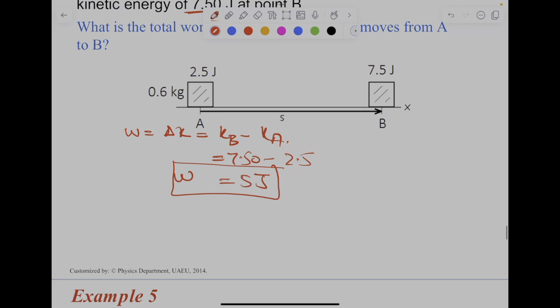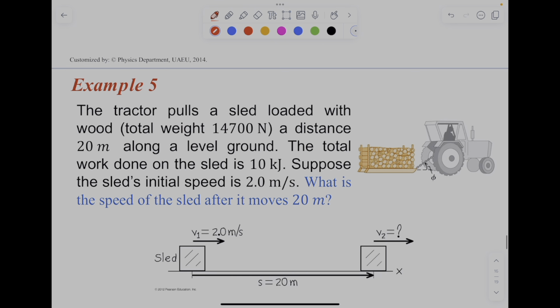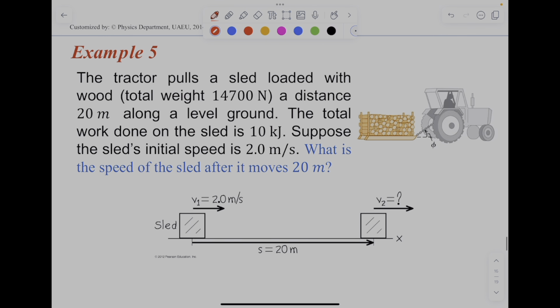Now the next problem. The tractor pulls a sled loaded with wood. The total weight is of these two things, tractor plus the sled, a distance of 20 meter.